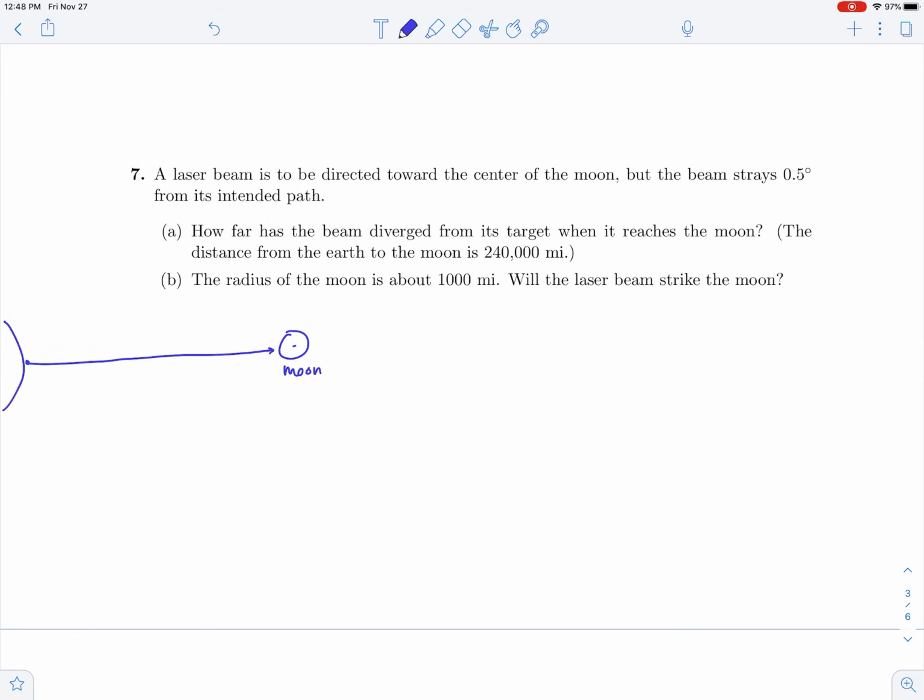But the beam strays 0.5 degrees. So here is the beam straying. It's going to be impossible to draw to scale because 1/2 degree is really small. You get the idea. How far has the beam diverged from its target when it reaches the moon?